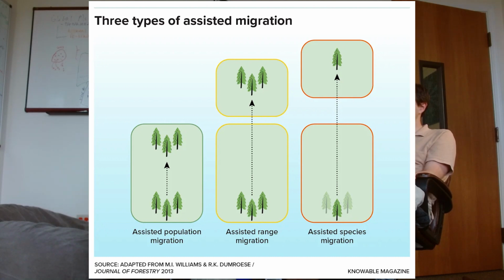And then there's also moving species or individuals of the same species to new areas that they may not have existed before, but are still within their range of potential growing conditions.